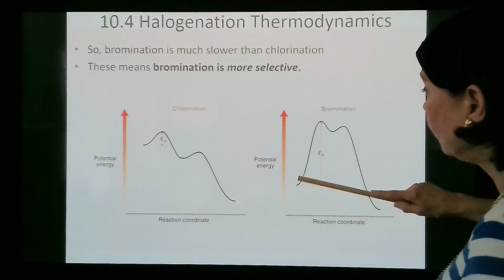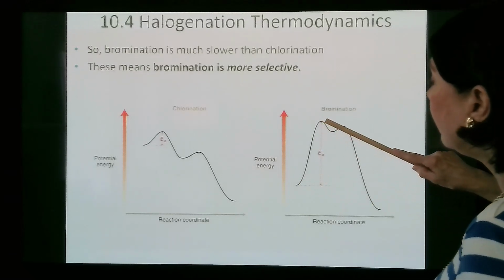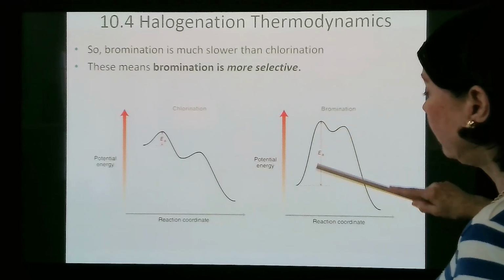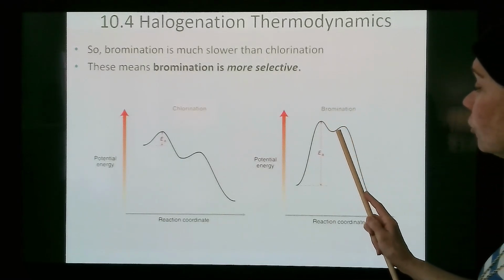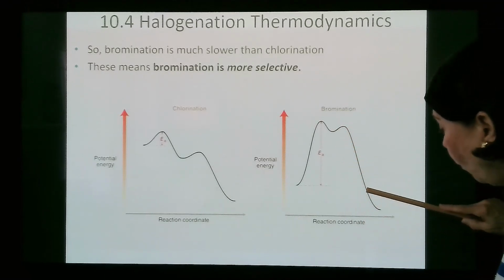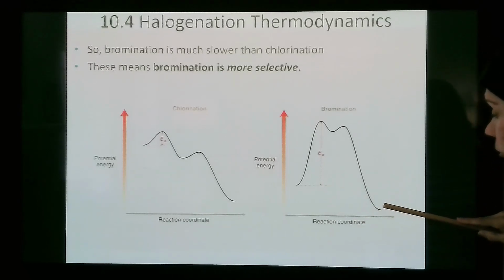Now, bromination, on the other hand, you go uphill in energy over a huge energy hill, a large energy of activation. Remember, the first step is endothermic, and then you have a smaller energy hill going way down, so overall you have an exothermic reaction.